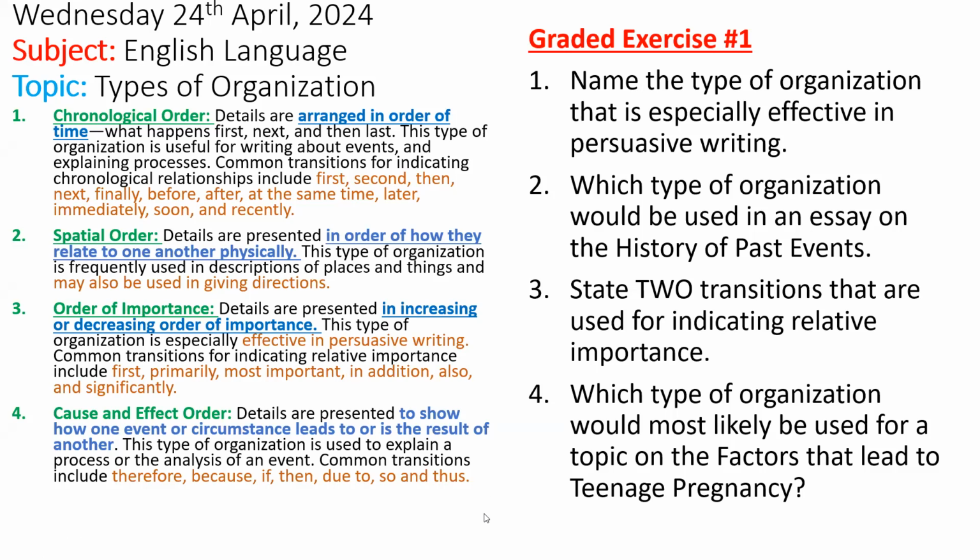Number 3, state 2 transitions that are used for indicating relative importance. Number 4, which type of organization is most likely to be used for a topic on the factors that lead to teenage pregnancy? All right. Please write down the question along with the answers.